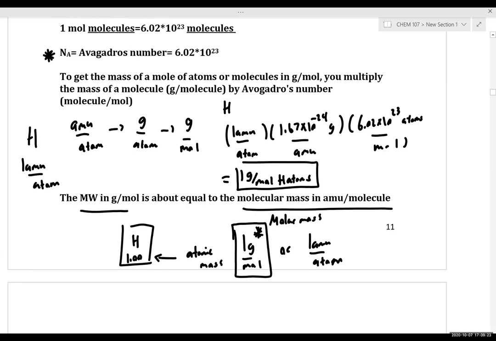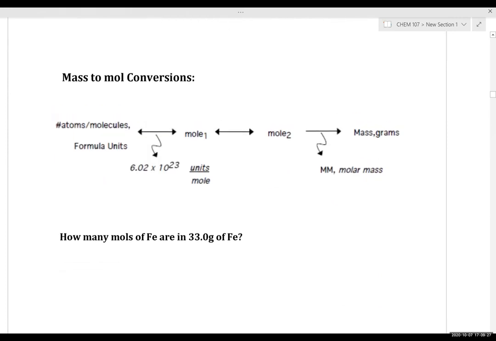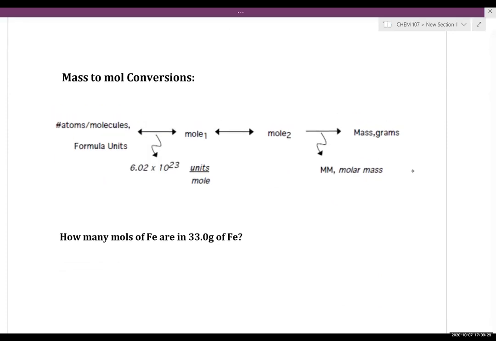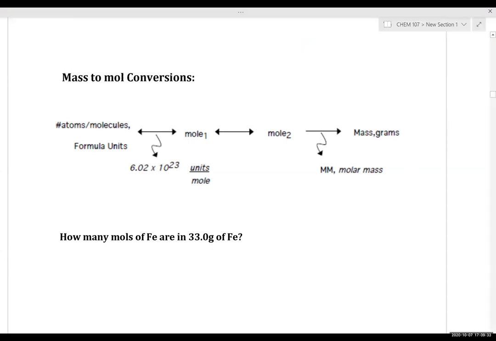Perfect. So let's talk about some mass to mole conversion. I've made this little chart that can help you execute on mass to mole conversions. So let's start off on this right-hand side here. To go from moles to mass, we use our molar mass. That's our conversion factor. So to go from moles to mass, we would multiply by our molar mass.